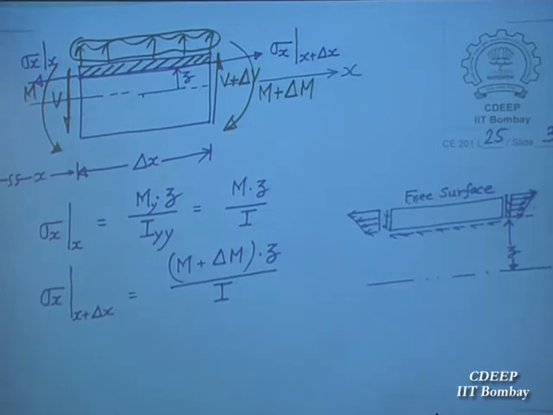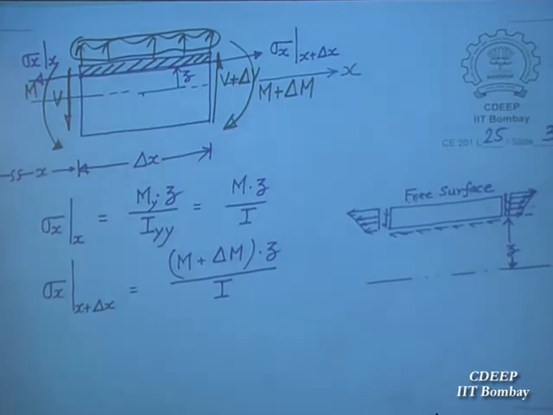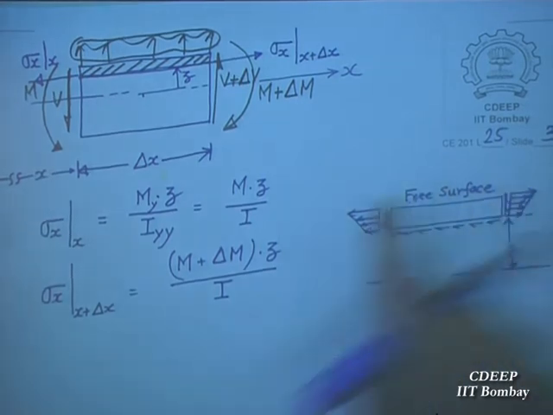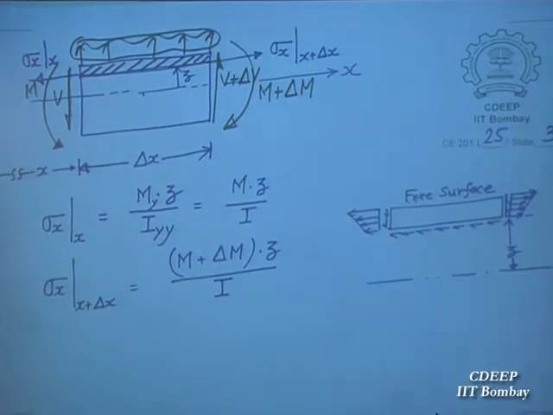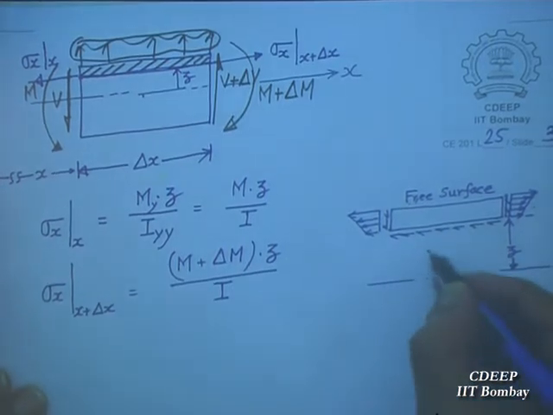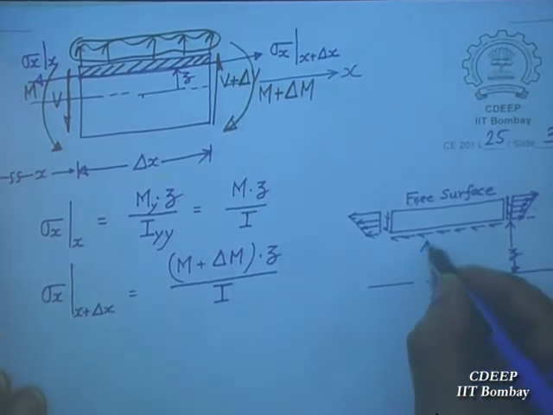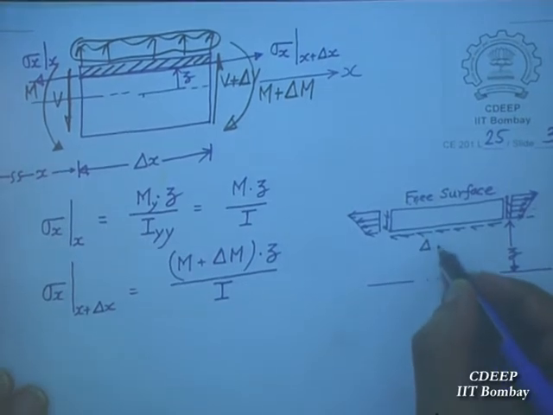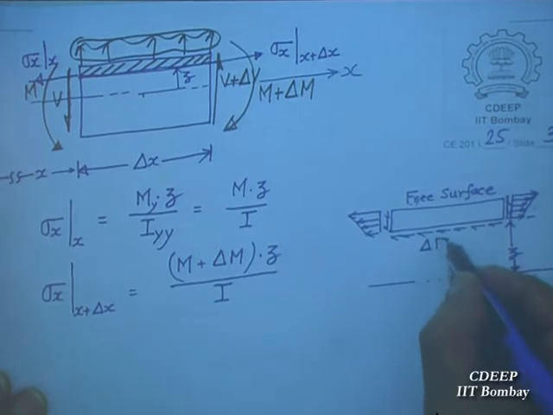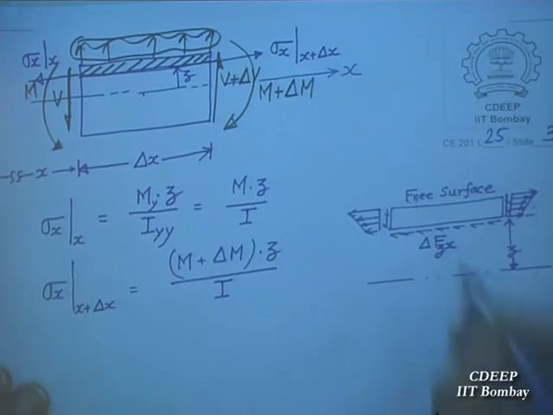Okay. So let us try to take the free body. This is the free body diagram. This is in a state of equilibrium. This is small element. So let us call this as sigma. What should we say? This is small. Let us call this as del. I am just trying to see what value should I call. Del F. This is Z surface and this is in X direction.